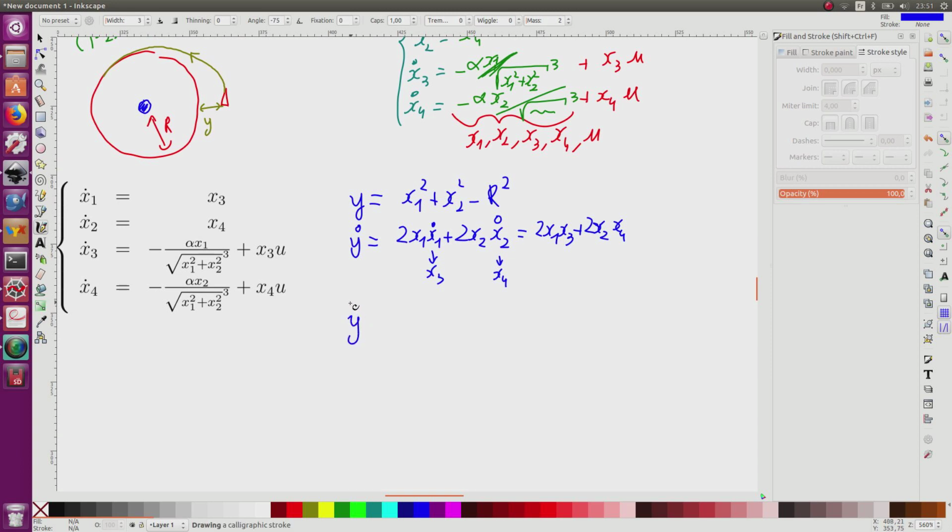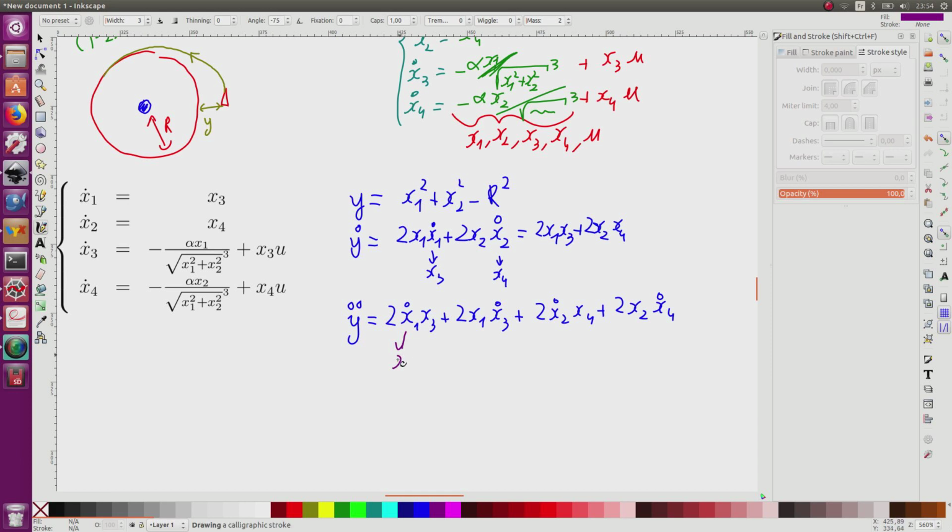So I compute y dot dot, and I will obtain 2 x dot 1 x3 plus 2 x1 x dot 3 plus 2 x dot 2 x4 plus 2 x2 x dot 4.